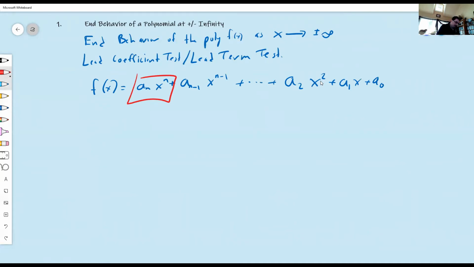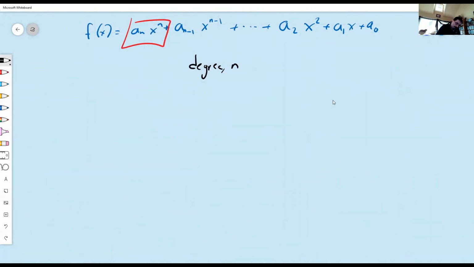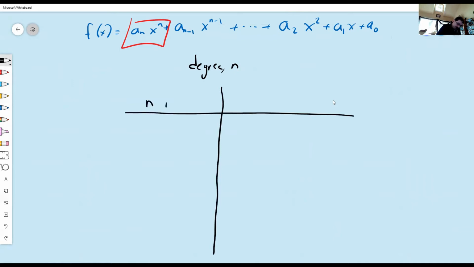All right, we're going to split things up into how does degree n behave, and how does a to the n behave. So let me make a little table here. We have 2 choices. n is even, n is odd.